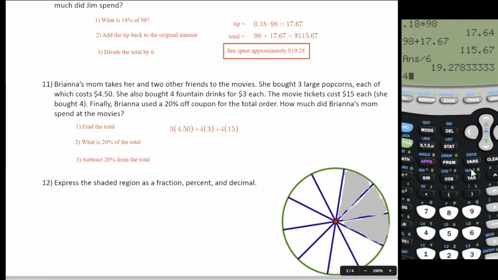We're going to calculate this out. 3 times $4.50 plus 4 times 3, which I could just say is 12, but I'll type this in exactly how it looks. Plus 4 times 15 is $85.50.